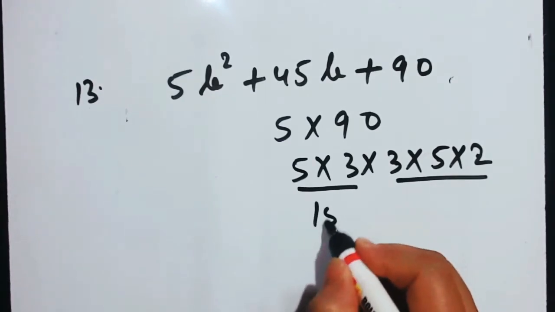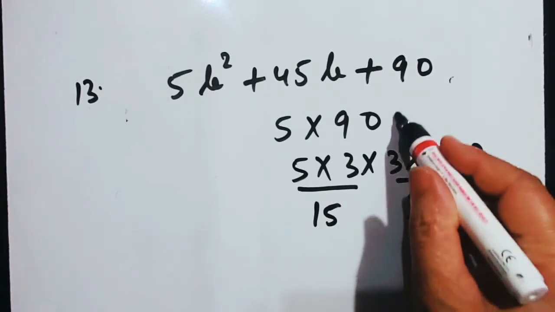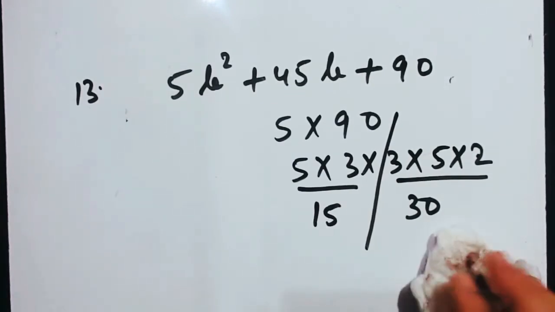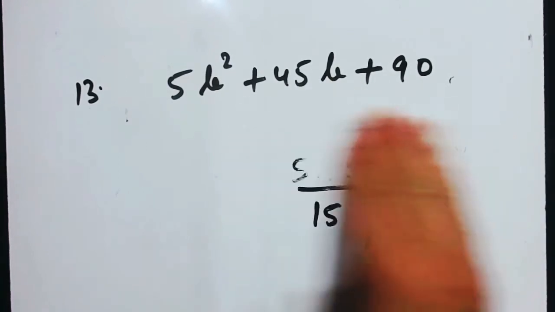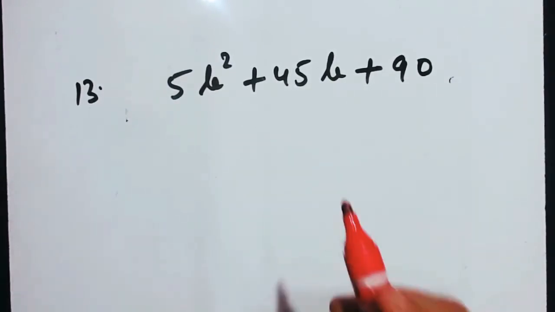So here you have 15 and here you have 30. 15 and 30 will give you 45. So these are bigger numbers, and you need to practice such that you quickly solve the sums, isn't it?